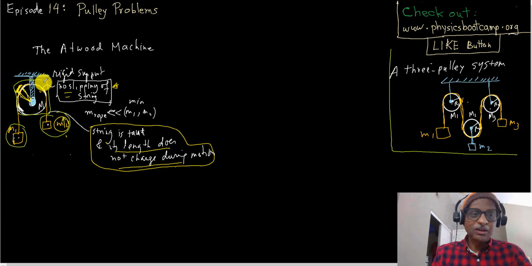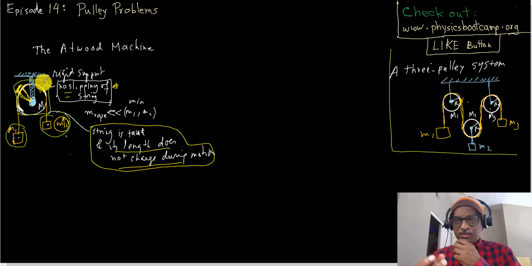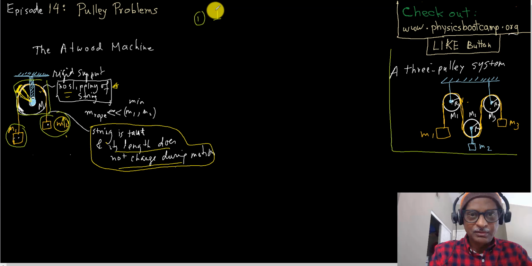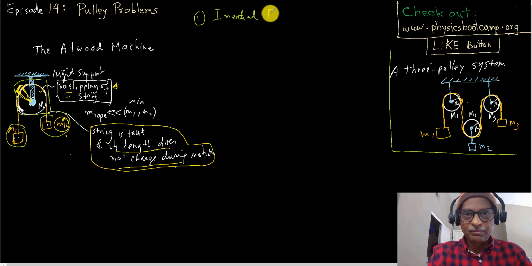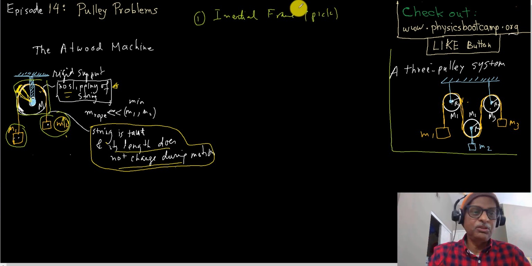I need to identify forces and also take some kind of coordinate system that's inertial. So step one is to figure out an inertial frame. This is our choice, and there are many choices you can have.